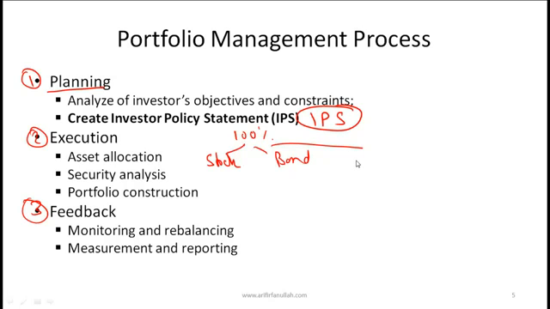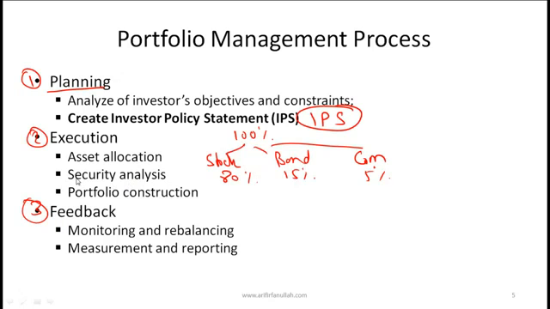Let's just say that in this particular case we are going to distribute between stocks, bonds, and commodities. So we might say that for a young investor we might put 80% of his investment in stocks, let's say 15% in bonds, and 5% in commodities. So this is referred to as the asset allocation.